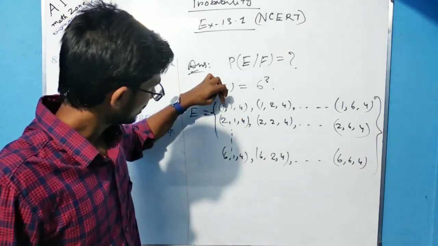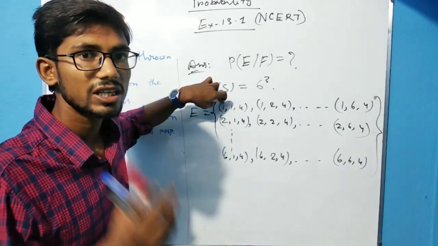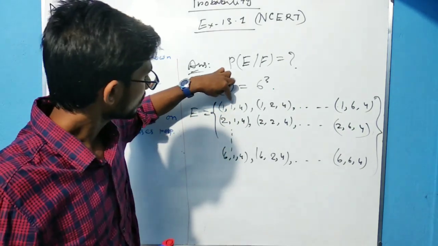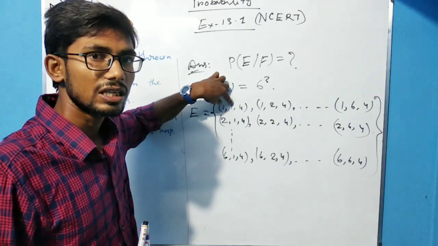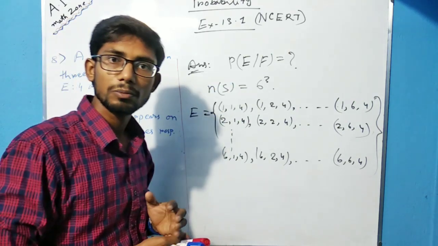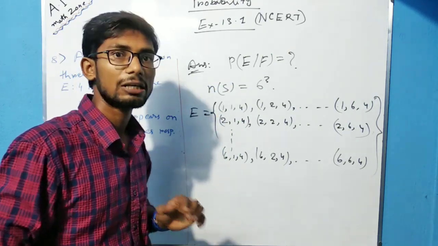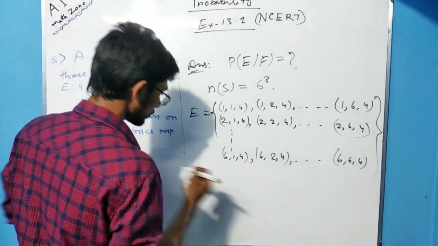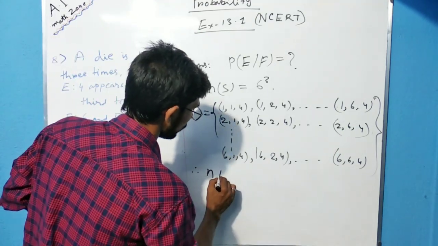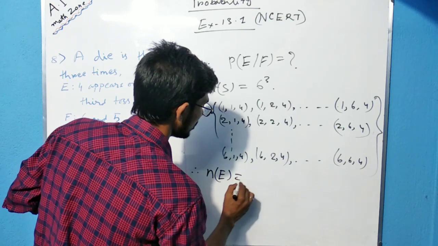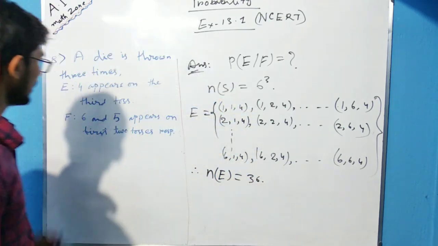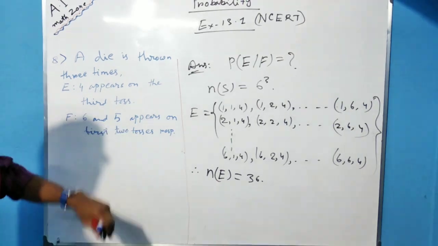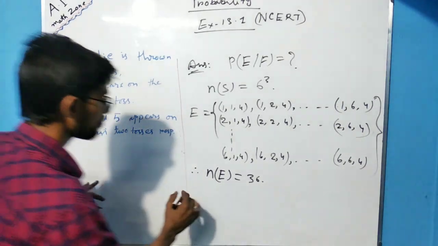In the first position there are 6 options and for the second place also 6 options, so the total number of options is 6 into 6, that means 36. Therefore the cardinality number of E is 36.